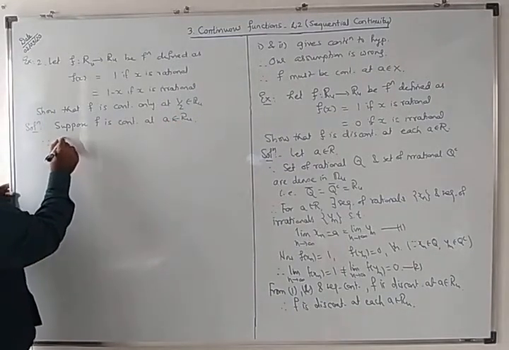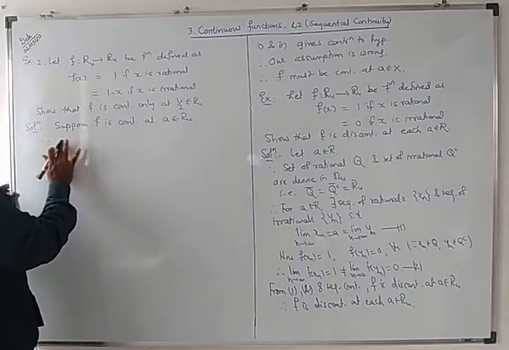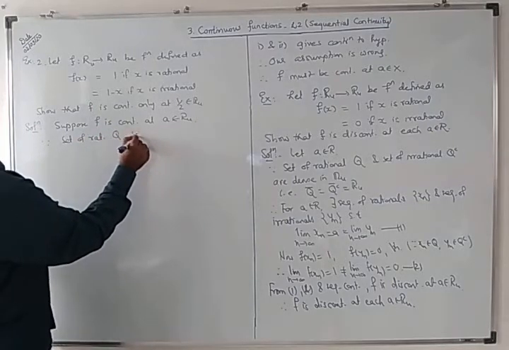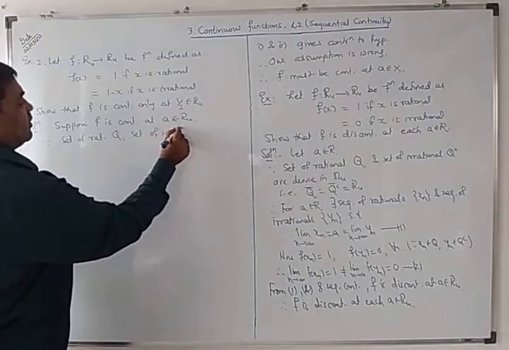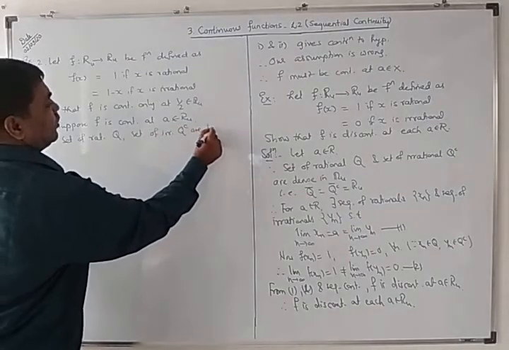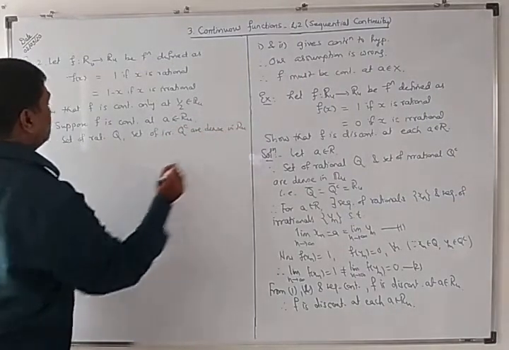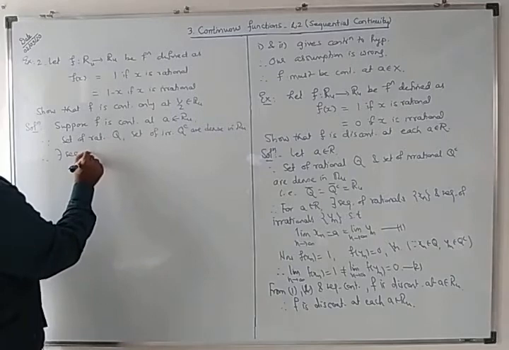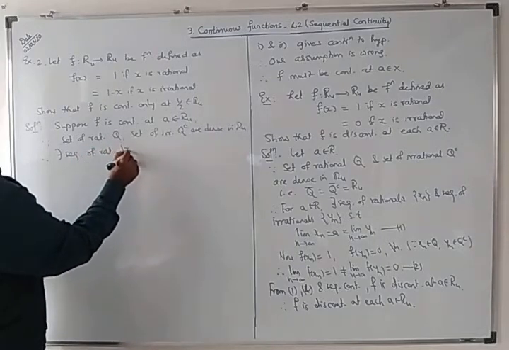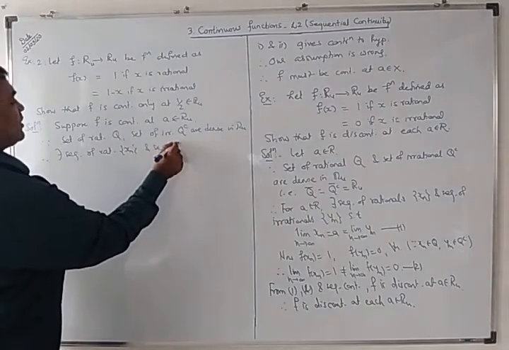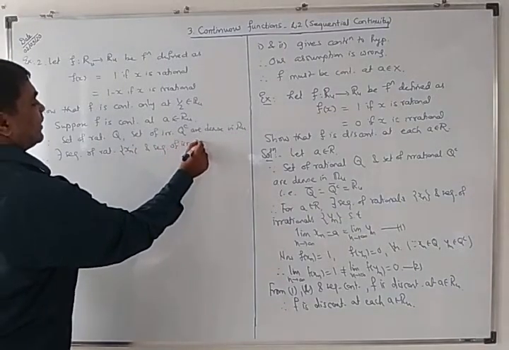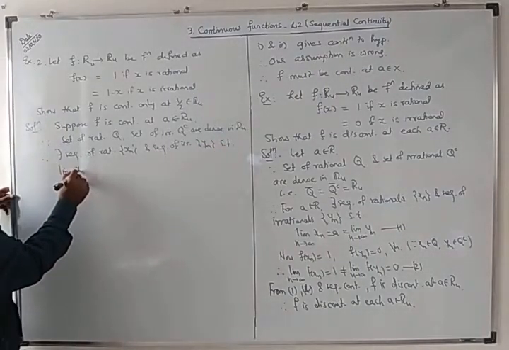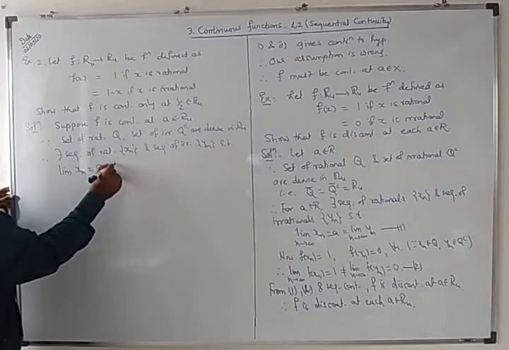Now since Q, the set of rationals, and Q complement, the set of irrationals, are dense in R_U, therefore there exists a sequence of rationals xn and a sequence of irrationals yn such that limit of xn is equal to limit of yn is equal to a.